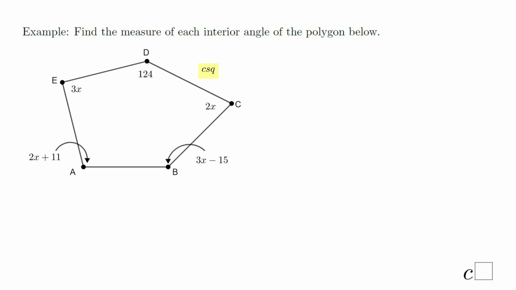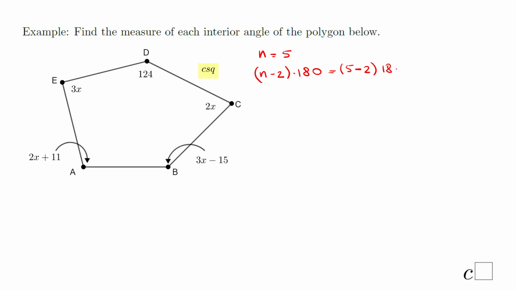In this example, we need to find the measure of each interior angle of the polygon below. The first thing you want to look at is how many sides you have. 1, 2, 3, 4, 5. So we have 5 sides. And if we use the formula I just said before, n minus 2 times 180, I'm going to end up with 5 minus 2 times 180.